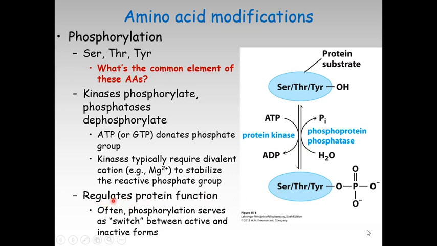Now, the whole process is for regulation of various protein function. For example, a protein substrate, when it gets phosphorylated, can either get turned on or turned off. And we're talking about the activity of that specific protein, right? And specifically in terms of regulation of cellular function. Often, phosphorylation serves as a switch between active and inactive forms.